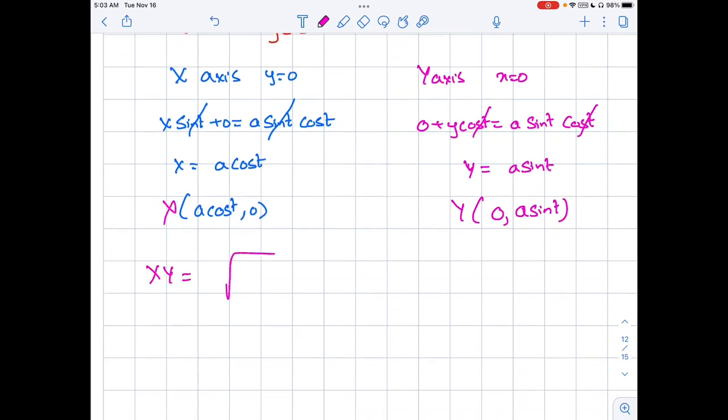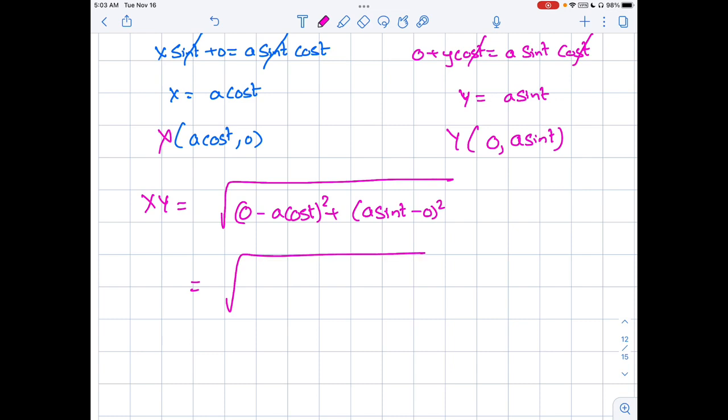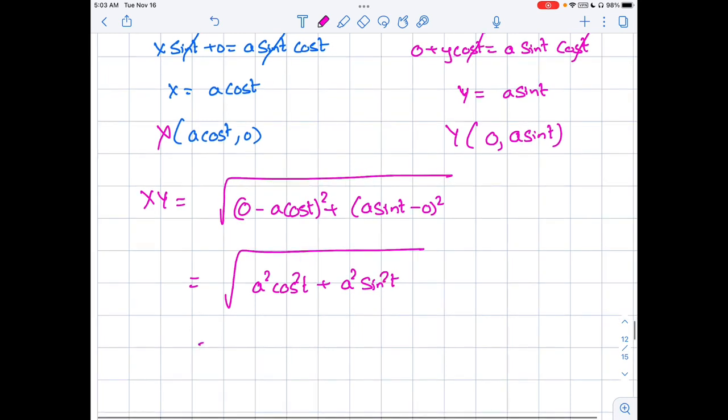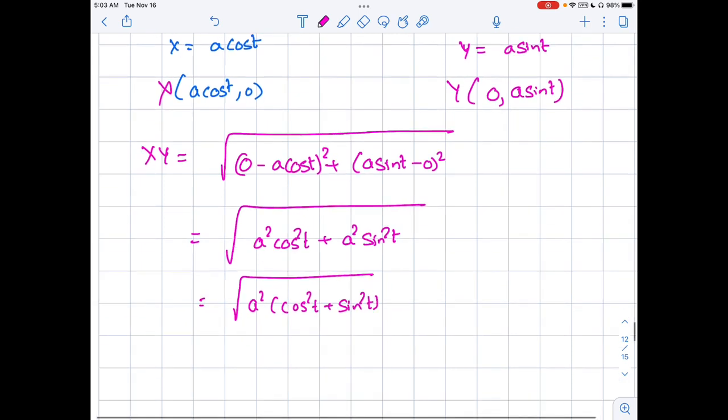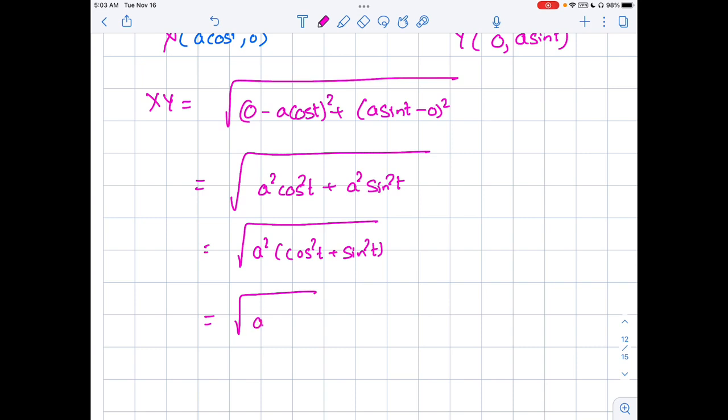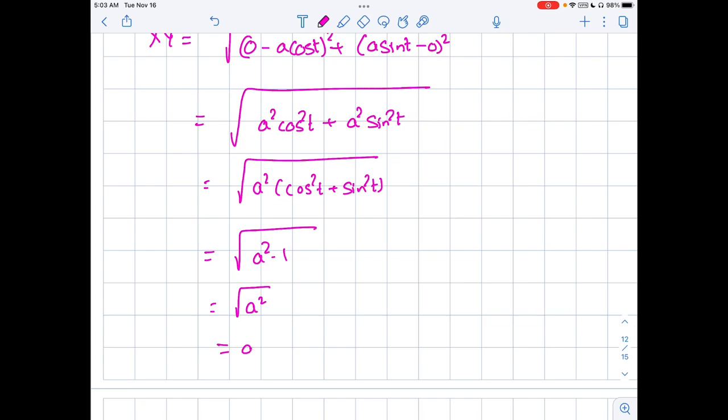XY will be square root of x2 minus x1 whole square plus y2 minus y1 whole square. So it becomes a square cos square t plus a square sin square t, which will become square root of a square common cos square t plus sin square t. Cos square t plus sin square t is 1. A square times 1, which is square root of a square, which becomes a.